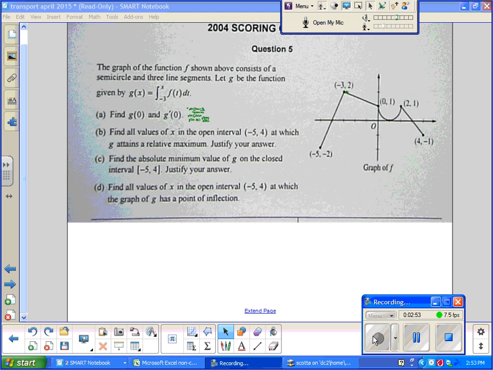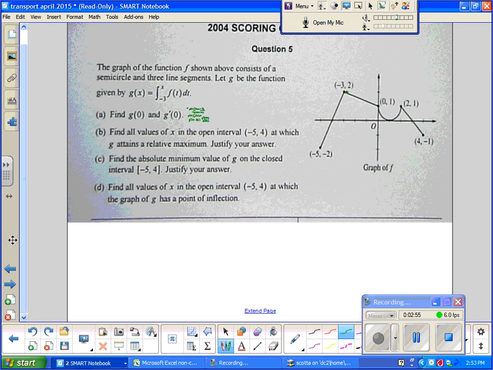All right. Letter B. Find all values of x in the open interval -5 to 4 at which g attains a relative max. Justify your answer. They want to know where g of x is the max. Well, guys, a maximum occurs when g prime goes positive to negative.